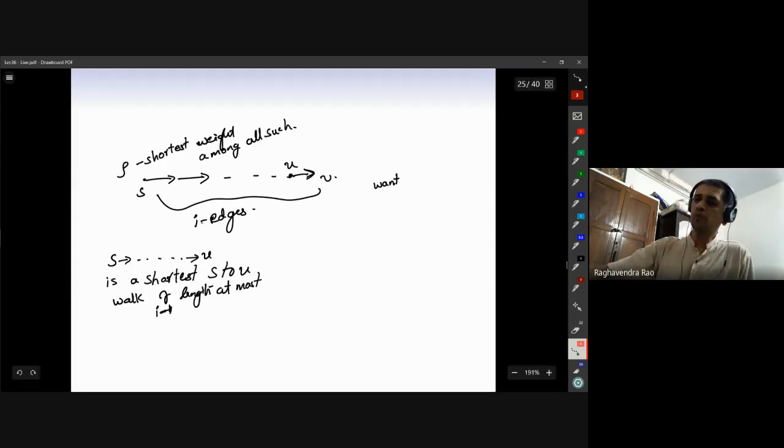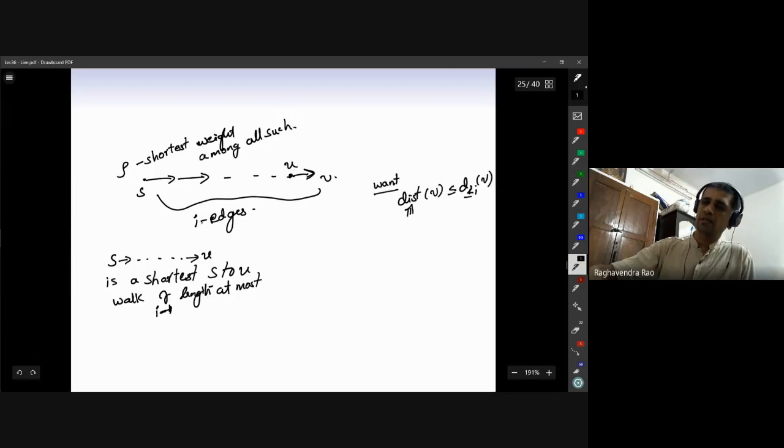So we want to prove that distance of V is less than or equal to d less than or equal to i of V after i iterations.